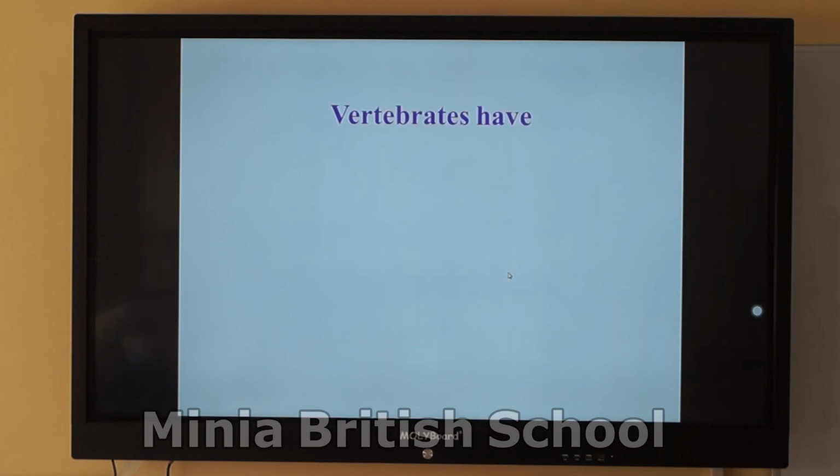Okay? And now let's make a quick summary. We said vertebrates are animals that have bones. Excellent. And also these bones are linked together. We said that they are not separate. They are linked together to make what? Skeleton. Excellent. So vertebrates have a skeleton. And this skeleton is very important.